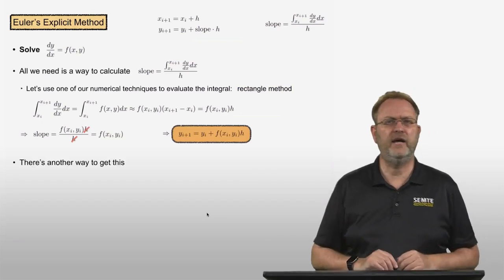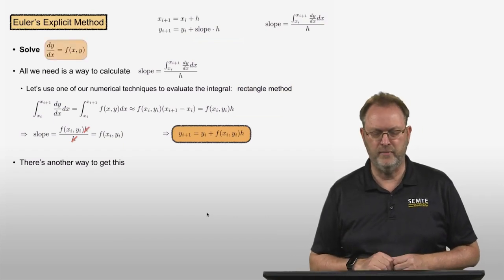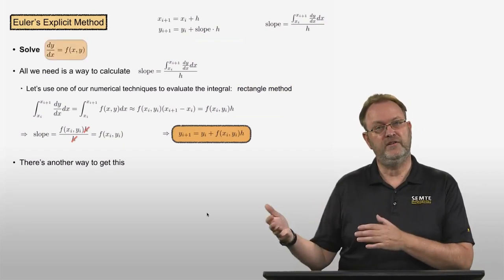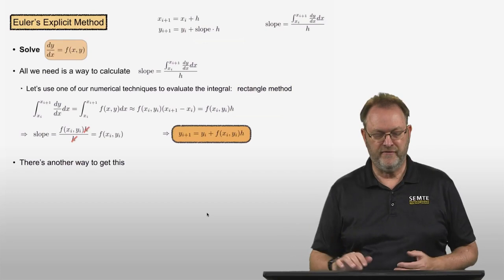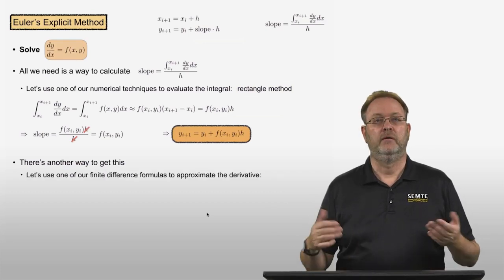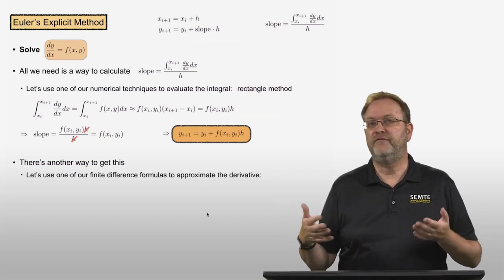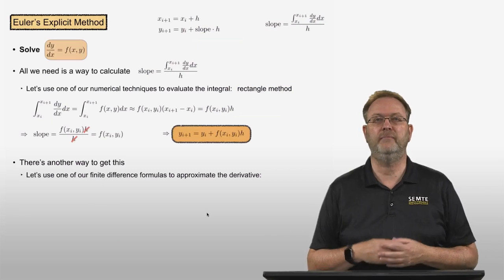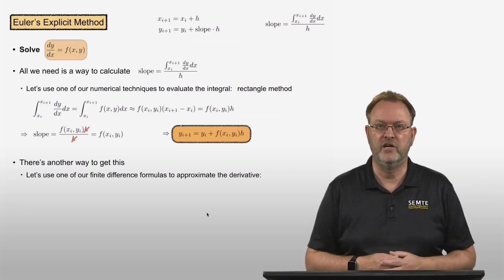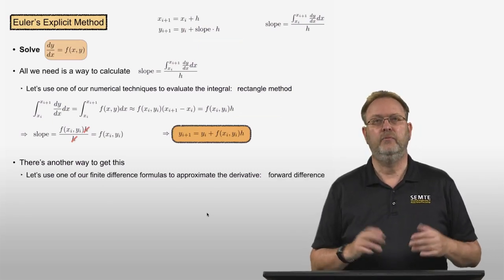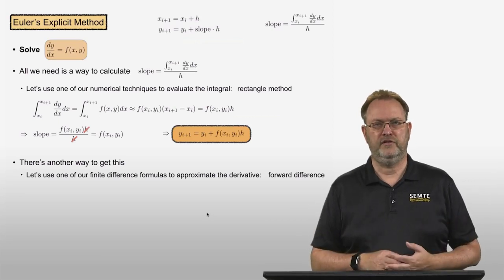Now, there's another way of getting this particular formula. Instead of using integration, I can also use finite differences. How? Well, let's use one of our finite difference formulas to approximate the derivative dy/dx on the left-hand side. And we're going to use forward differences for this.